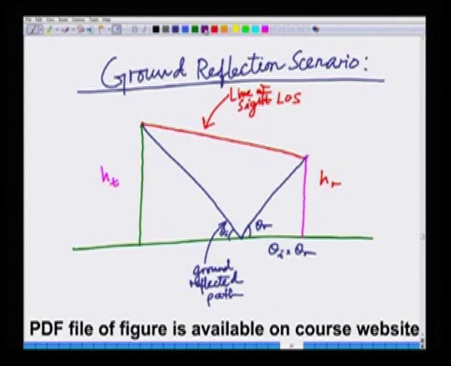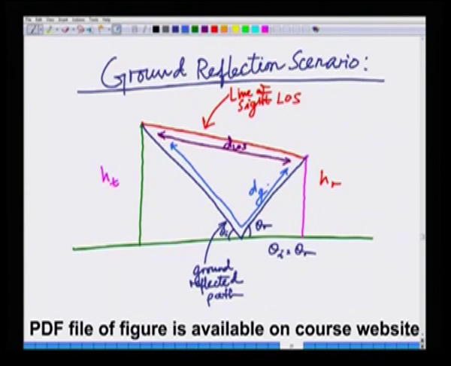Let me call this distance the line of sight distance, and let me call this distance the ground reflection distance.